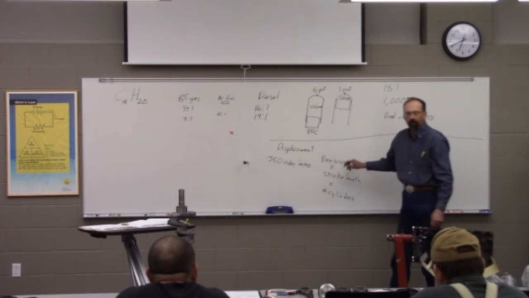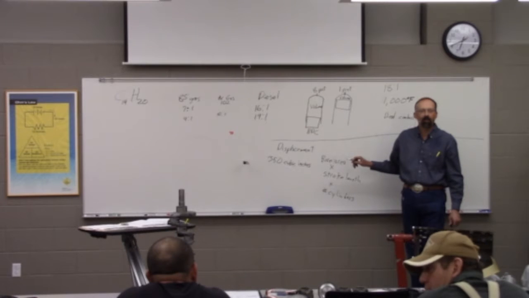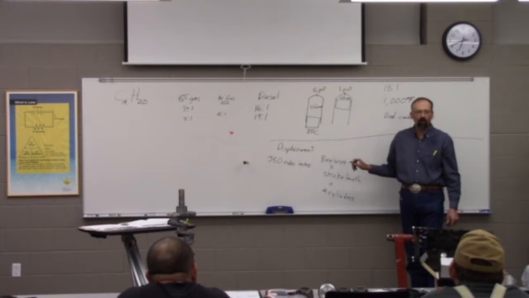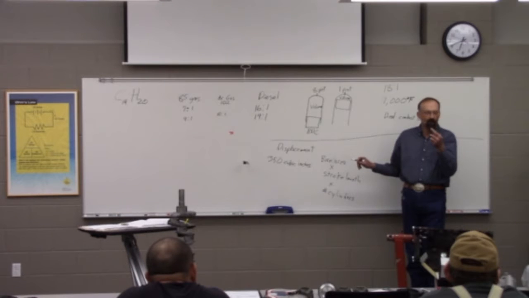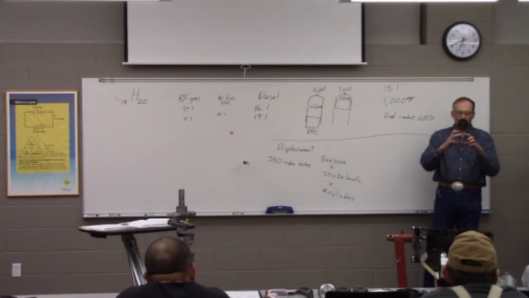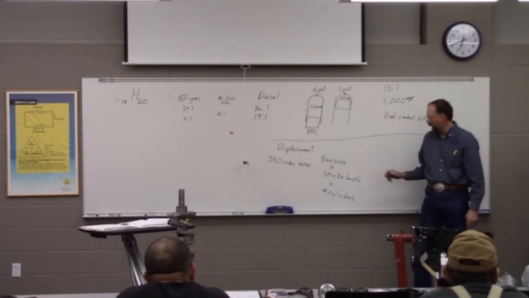So area, anybody remember how you figure out area? That would be volume. That would be 3 dimensions, and area is just 2 dimensions. Length times, well, we're working with a circle here. This bore is a circle. So you're right, we're talking about pi r squared, that's right.